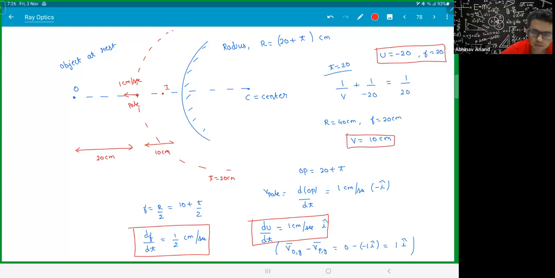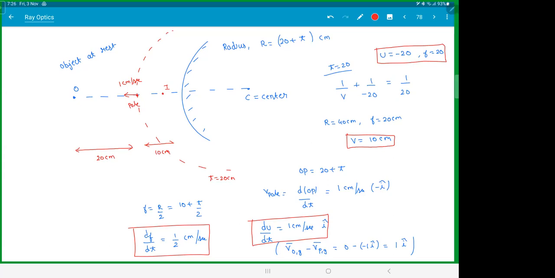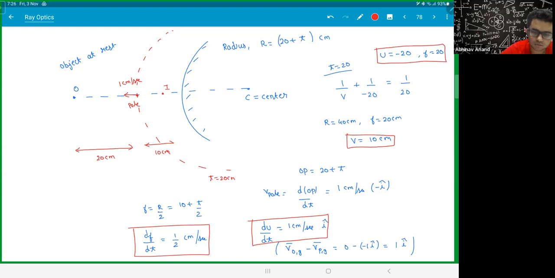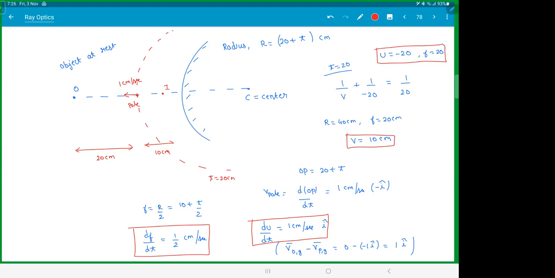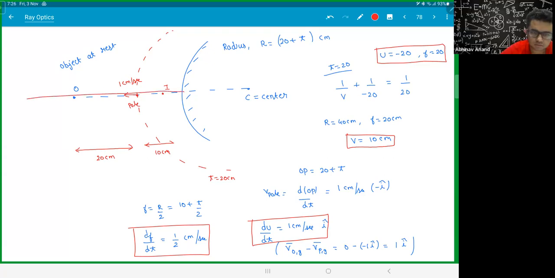So can you explain again what you did after you got V is equal to 10? I just found the value of OP. OP is R only, right? So I differentiated it and the velocity of the pole came, because this P is moving with 1 centimeter per second.